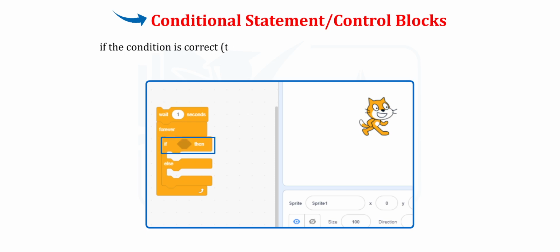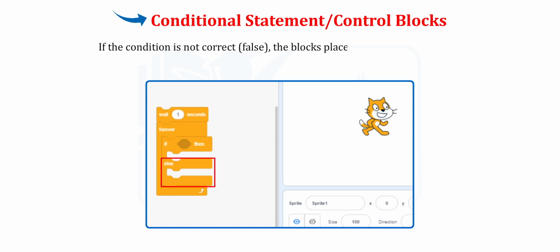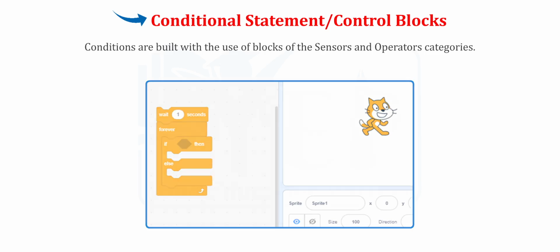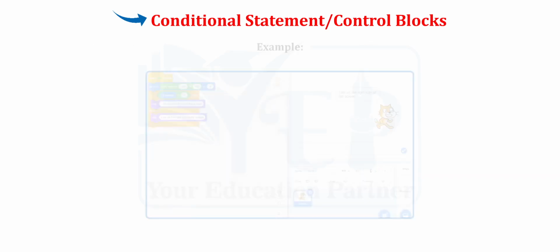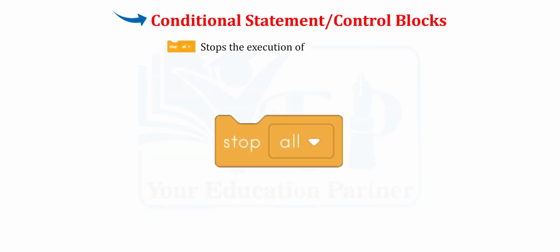If the condition is correct, true, the blocks placed after if-then will execute. If the condition is not correct, false, the blocks placed after else will execute. Conditions are built with the use of blocks of the sensors and operators categories. Example. Stops the execution of a script or scripts.